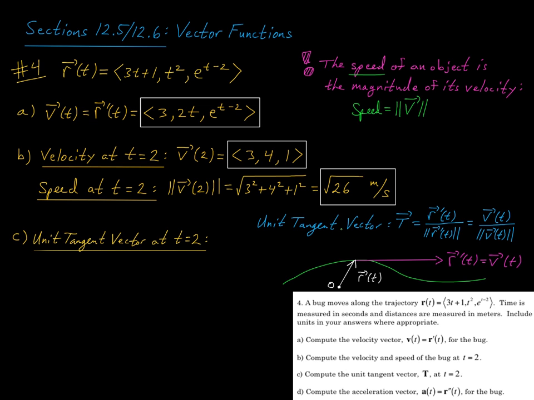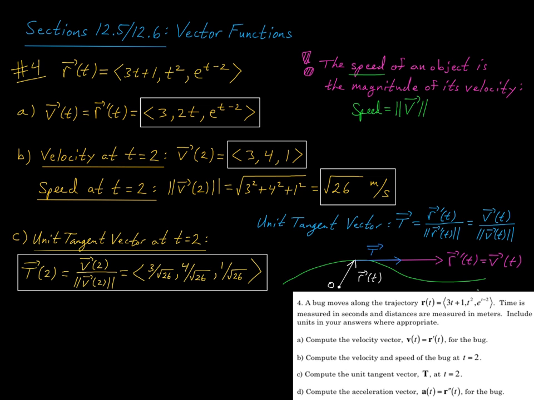So then what's the unit tangent vector? Well, that is going to be the unit vector that points in the same direction as r prime. So I'm just going to take r prime of t and divide it by its magnitude. That's going to give us this vector you see here in blue.